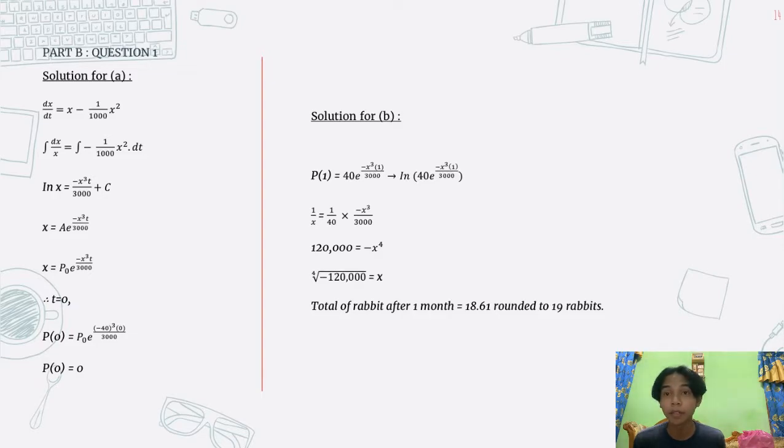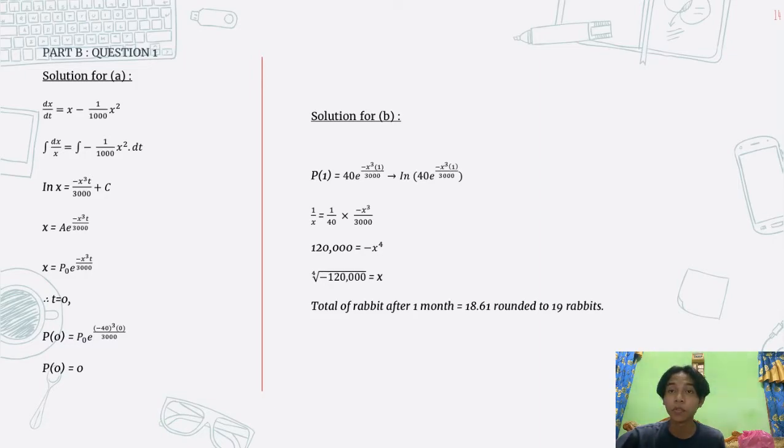We can integrate and rearrange the equation, so we will get ln x equals negative x to the power of 3 t over 3000 plus c. After assuming, we will get the final equation, which is x equals p naught e to the power of negative x to the power of 3 t over 3000, and we can assume t equals 0 to conclude p naught.